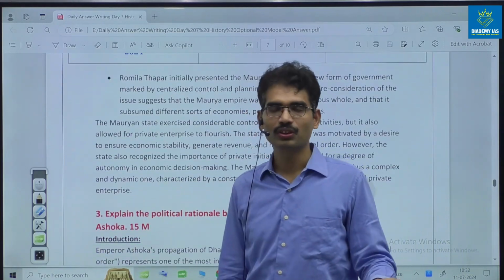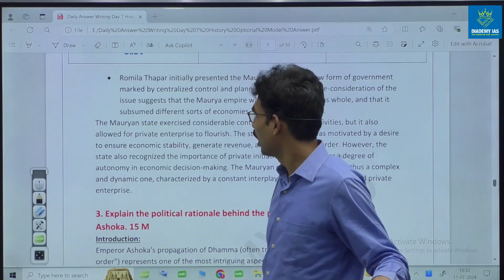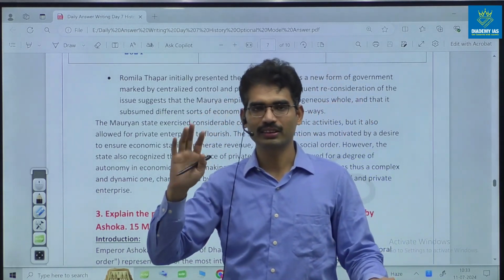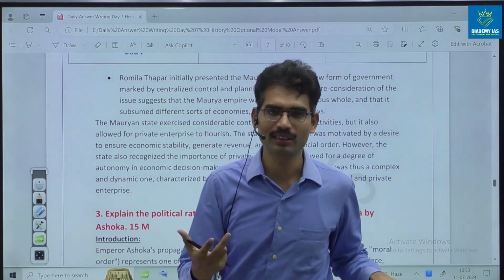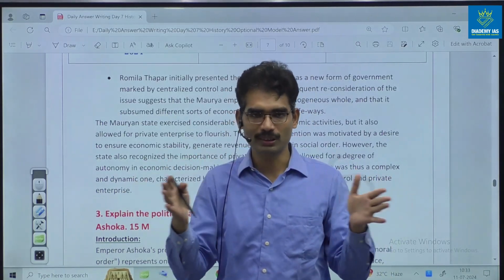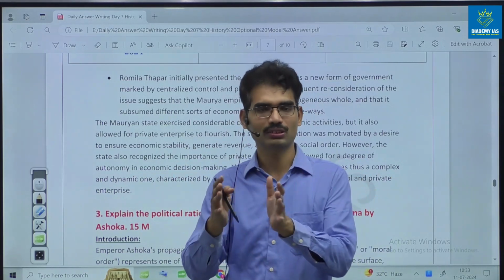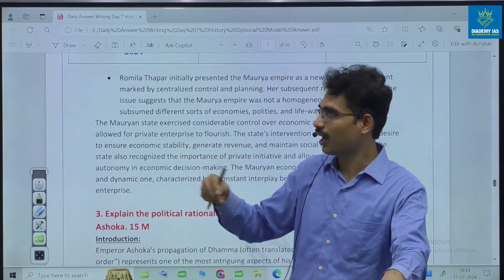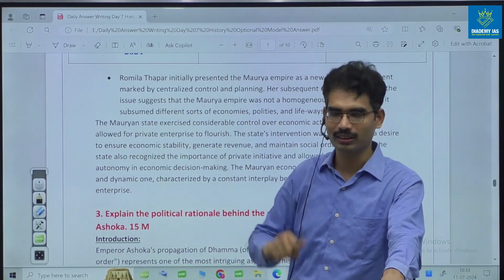So this is how you need to understand that once you know how to structure it, it becomes very easy to write. You might have already read so much material, collected so many books. It's all about how you use it in the proper framework.